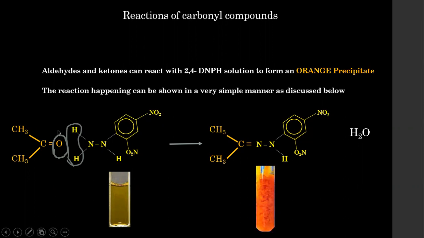So when you add, actually this is a propanone. When you add propanone into 2,4-DNPH, you get this colored precipitate. So this is very, very an impressive thing in a laboratory, one of the most beautiful things you can see in a laboratory. So we are in the reaction shown by both aldehydes and ketones.